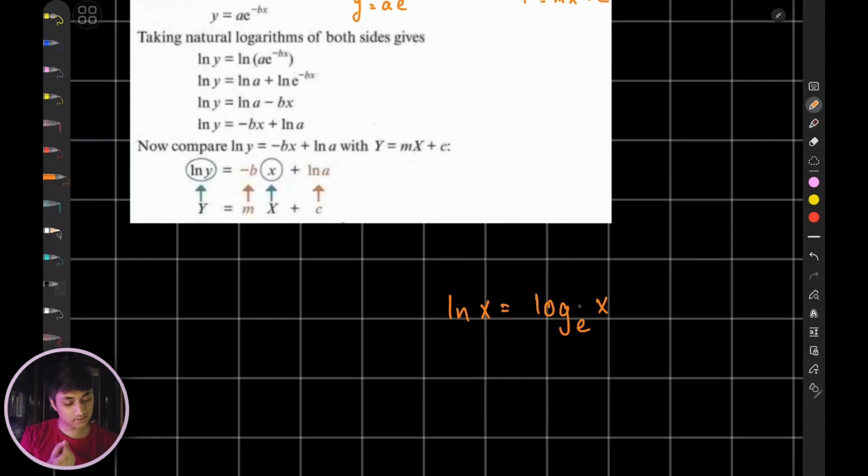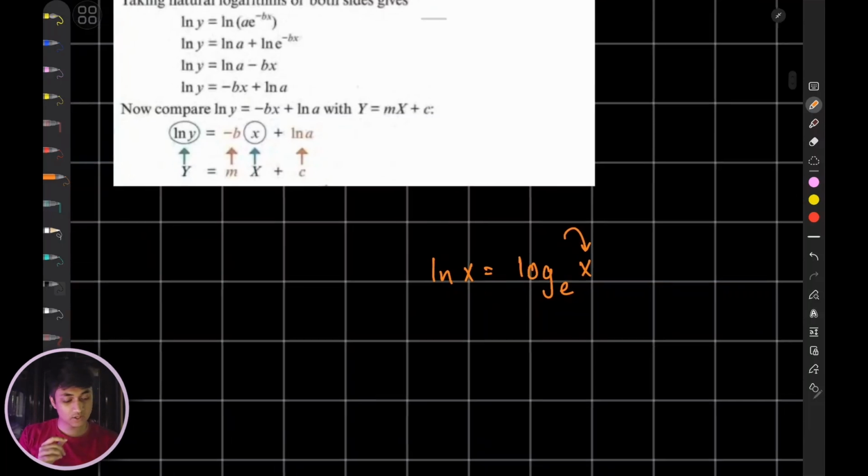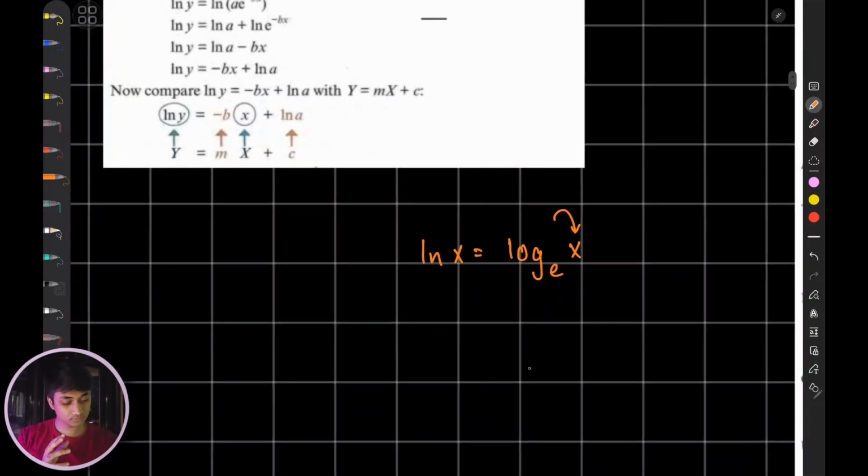So what does it mean to have a log base of e? Basically, it is asking what power of e is needed to result in x. So if I have log base e of 2, what power does e need to have to result in a value of 2?